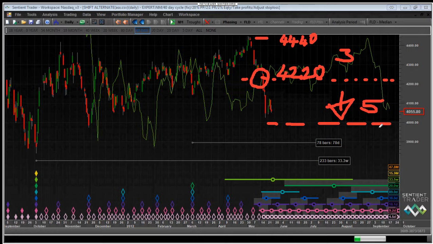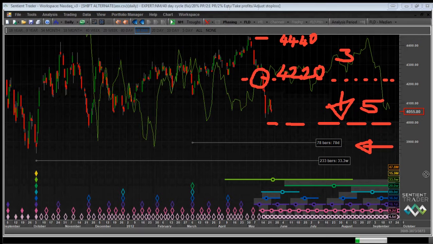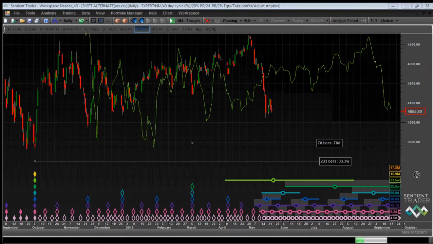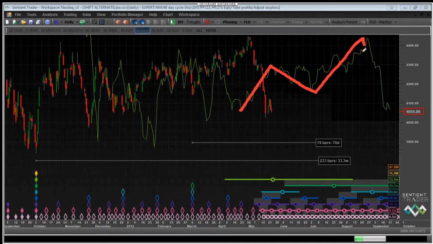So if that was a Fibonacci ratio of 3 to 5 because of the bearish underlying trend, then you divide 200 by 3, you get about 70, multiplied by 5, you get about 350 or something like that. So in fact, we're projecting to below 3,900. So we're projecting the price to move all the way down to there.